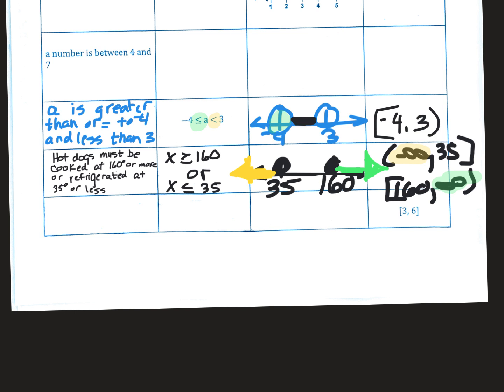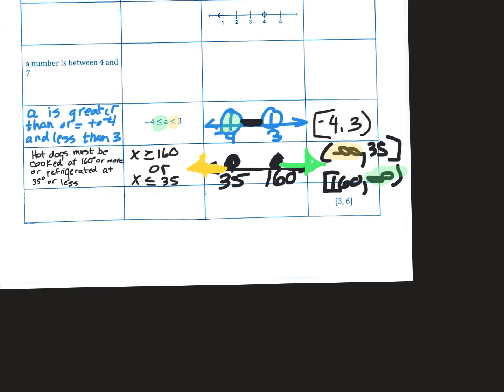We got to add something. Let's see who's going to be a rock star and remember what I need to do to let somebody know these two actually go together. Yes, the U. This is called a union. You put a U in between those two intervals, so it lets the person that looks at it know that they belong together. So there's a U that goes in between those both.